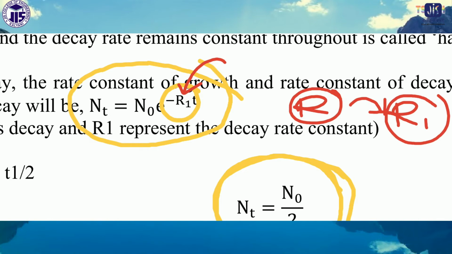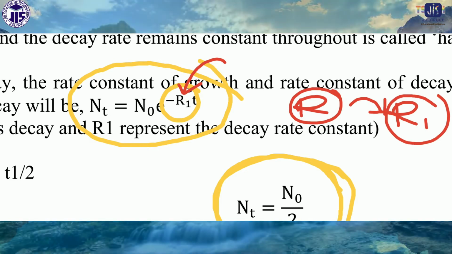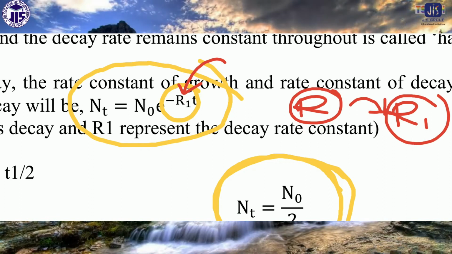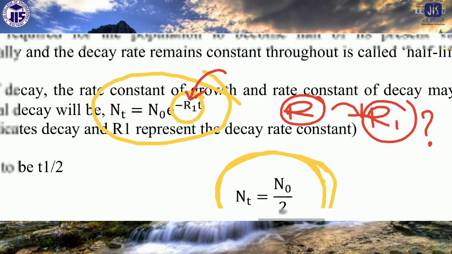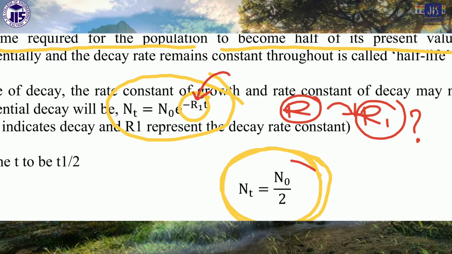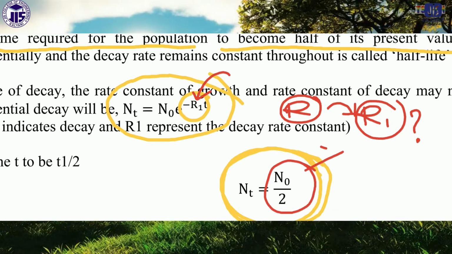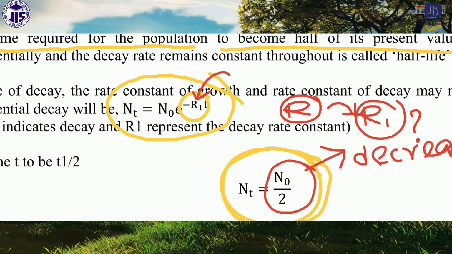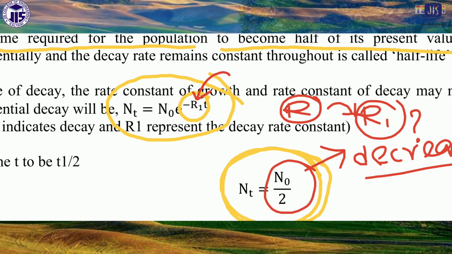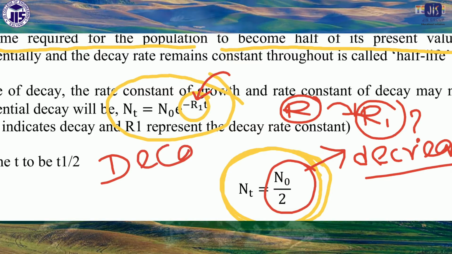Look, what is the definition of T half? T half means when the population will be half with respect to the initial population. That means the population is decreasing, isn't it? Population decreasing means there should be a decay rate, not a growth rate.